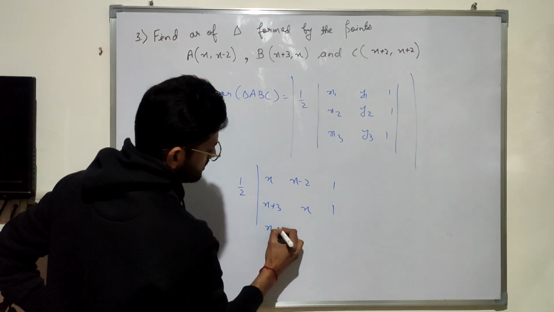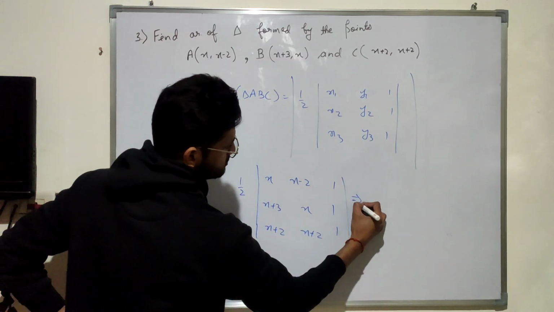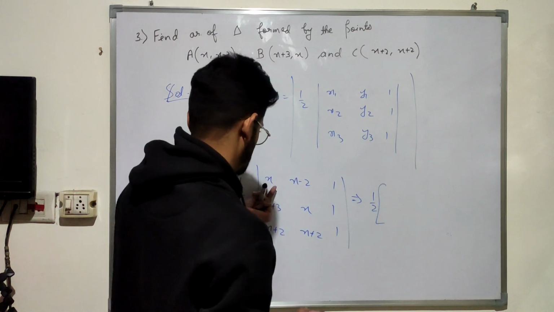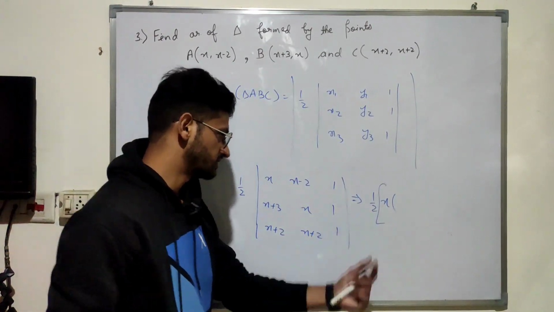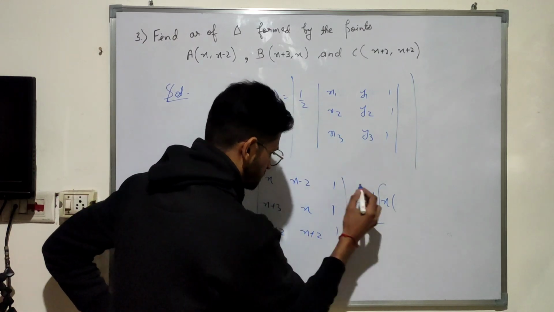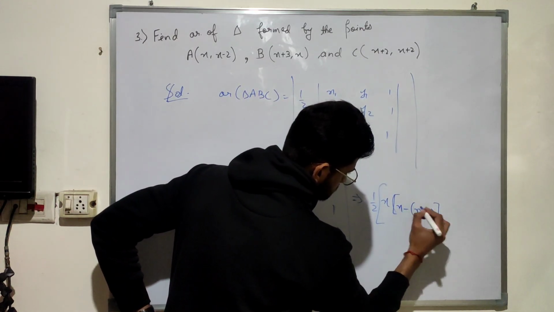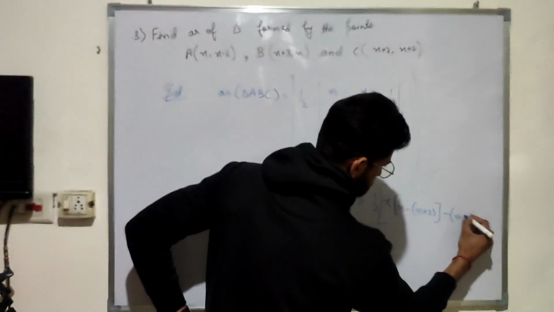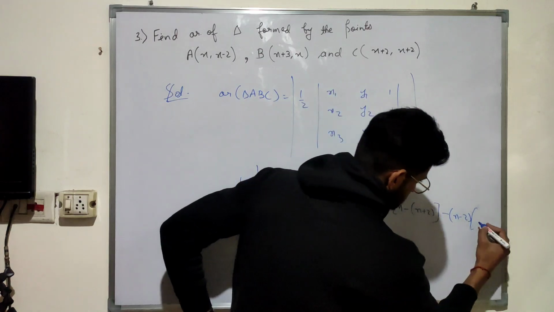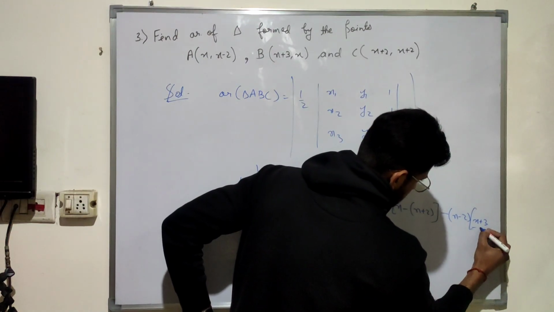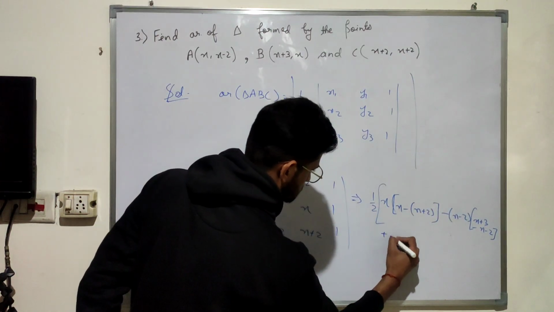The third row is x plus 2, x plus 2, 1. After solving it, we get x multiplied by x minus x plus 2, minus x minus 2 multiplied by x plus 3 minus x plus 2, and I have just written it in one go.